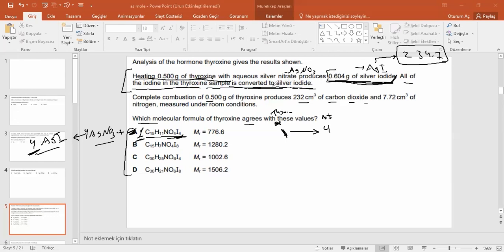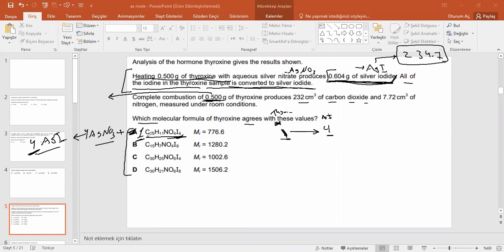So as I said, 1 mole of this compound gives us 4 moles of AgI. But how many moles of this compound did we use in the question? They said 0.5 grams. So how many moles is 0.5?